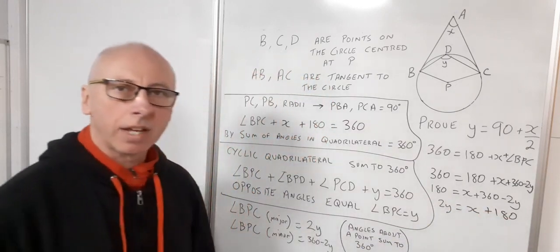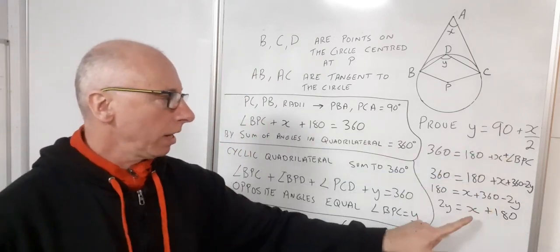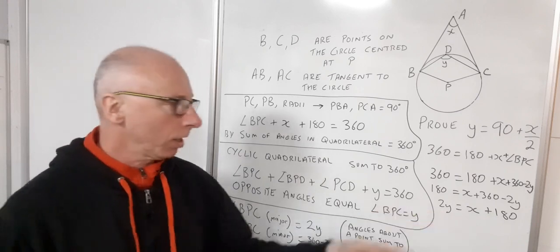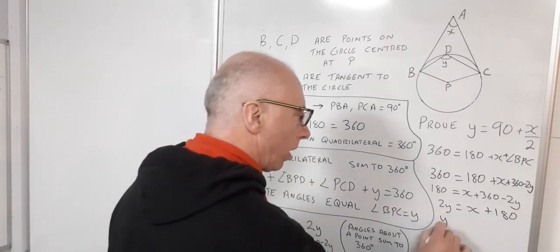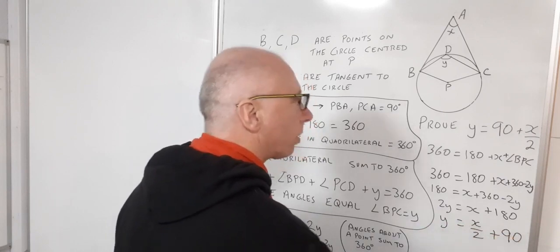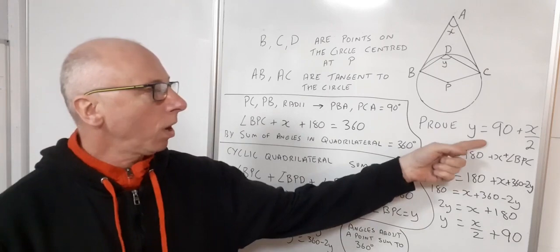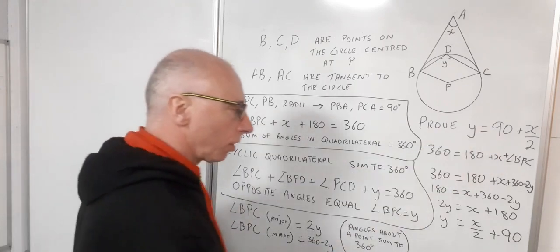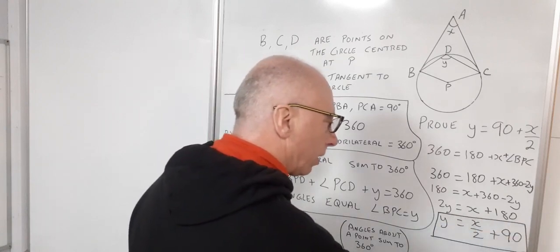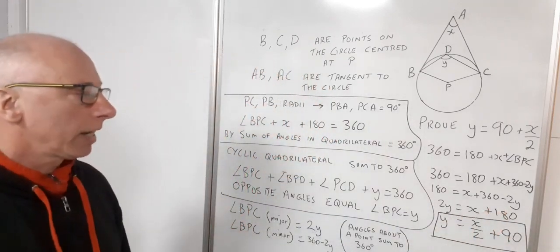Okay, now I've got an x over 2 here and an x here, so let's divide everything by 2 and then I'll get a y on its own as well. So then I'll have y equals x over 2 plus 90. And that then proves that we've got y equals 90 plus x over 2. So I could just rearrange that to get the 90 on this side and we'd have the equivalent term. Okay, there we go.